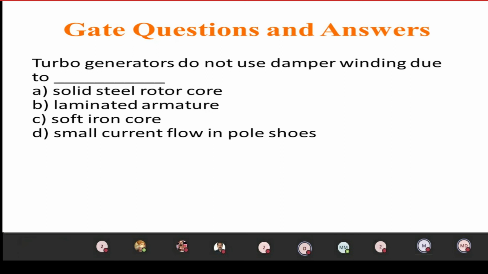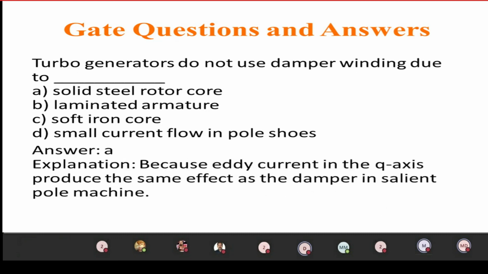That's why we do not use it, because the eddy current in the Q axis produces the same effect as the damper in a salient pole machine. Here the eddy current effect will reduce the hunting effect, so we do not require the damper winding.